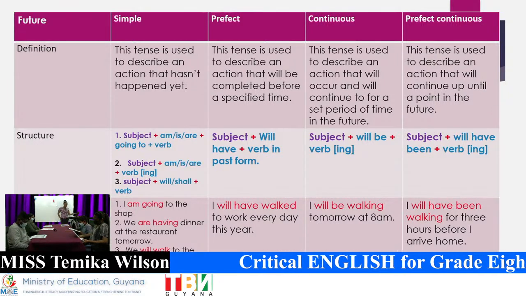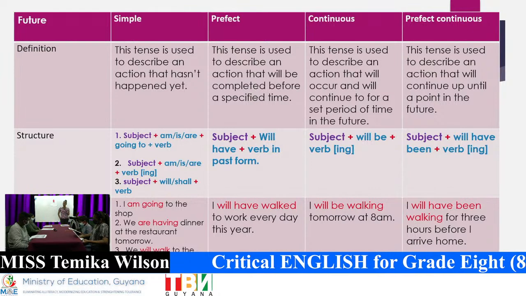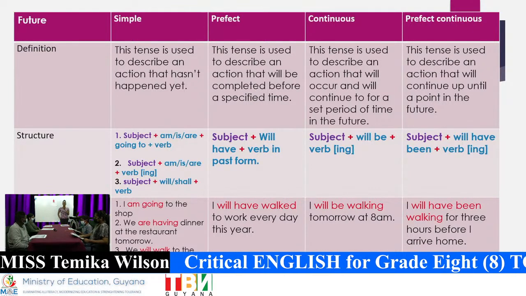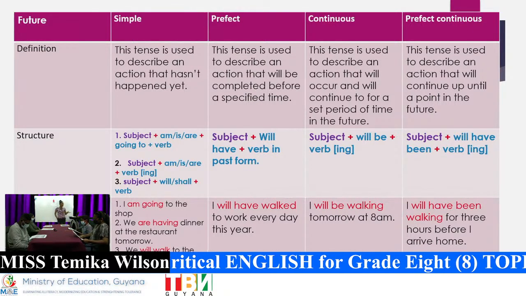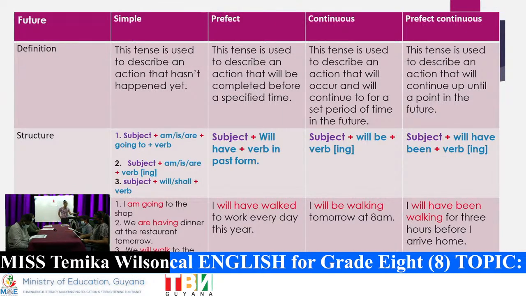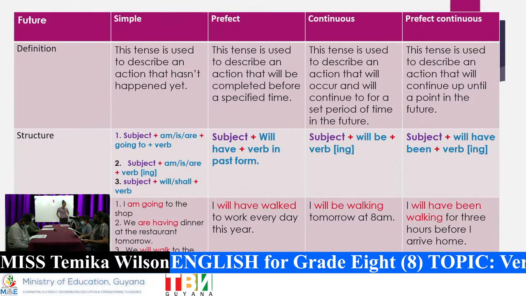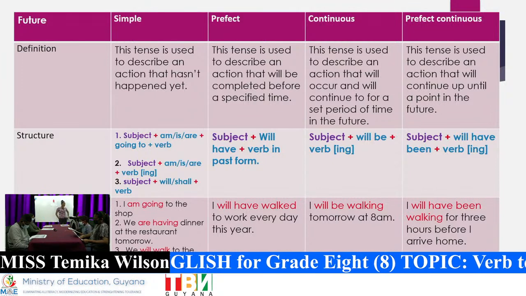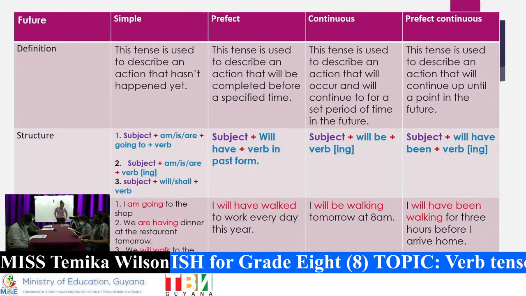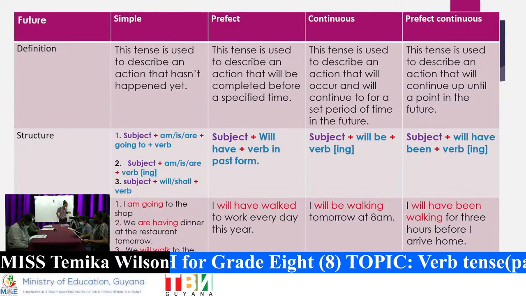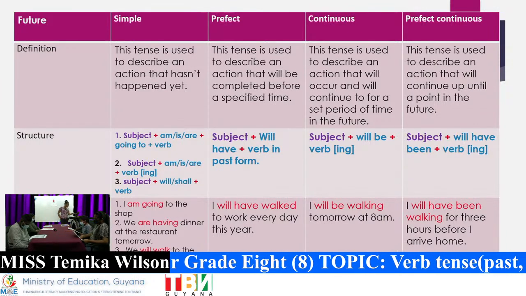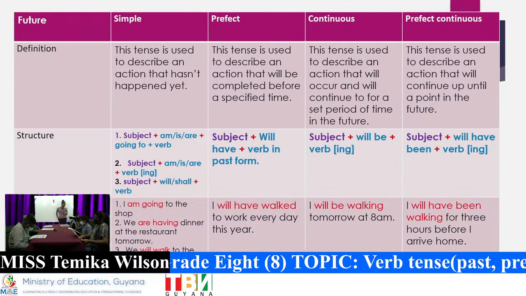Then we look at the, am I going too fast or are we good? We good? We sure? All right, continuous. This tense is used to describe an action that will occur and will continue to occur for a set period of time in the future.